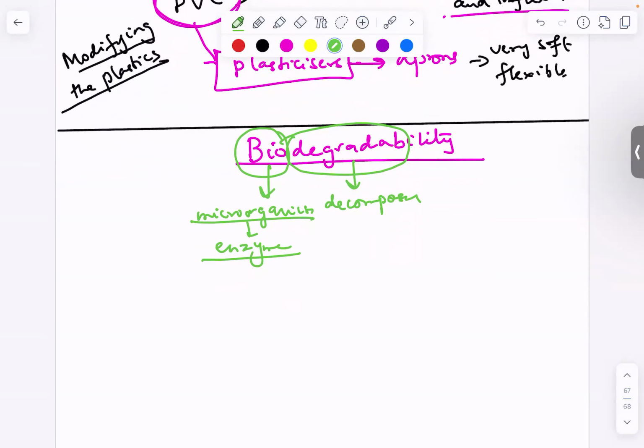Nowadays, scientists are trying to make polymers which are biodegradable, because if the polymer is not biodegradable, it is becoming a very big problem in today's world, where waste disposal is becoming more and more difficult.